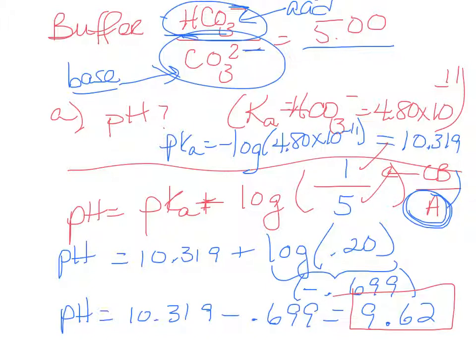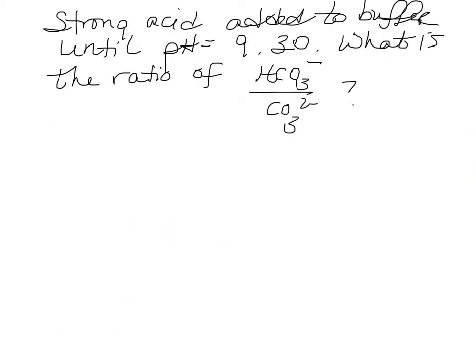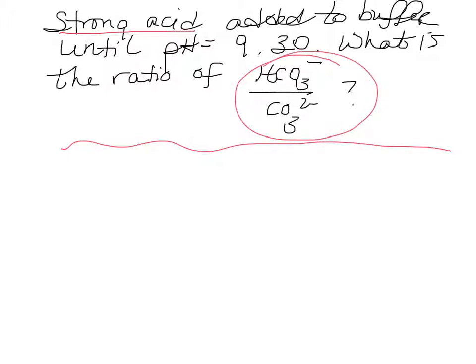There is a part B to this problem, which I'm going to work on the next page. All right, so the second part of this question says that you add strong acid to the established buffer, and so you're disturbing the buffer, and so what's going to be the new ratio of the acid and base to each other?